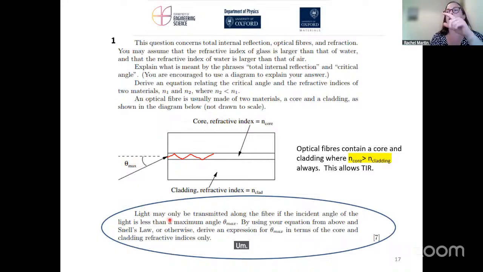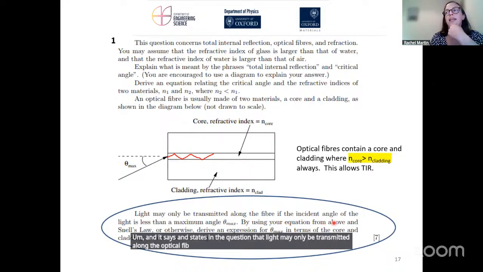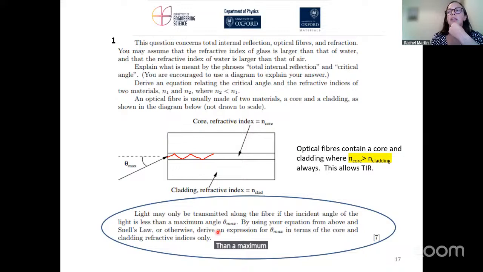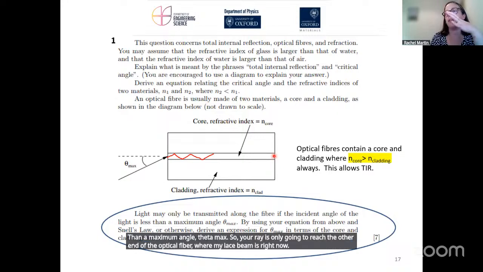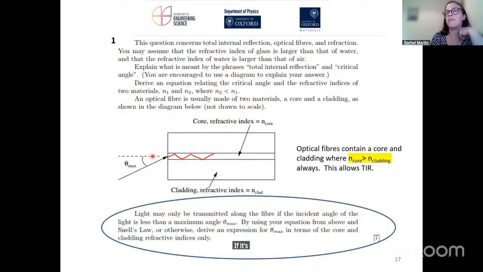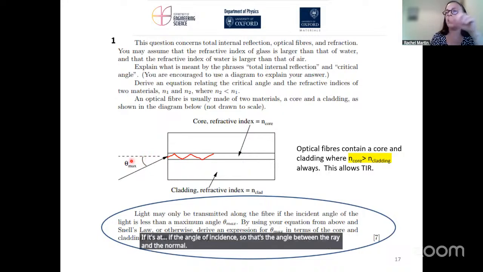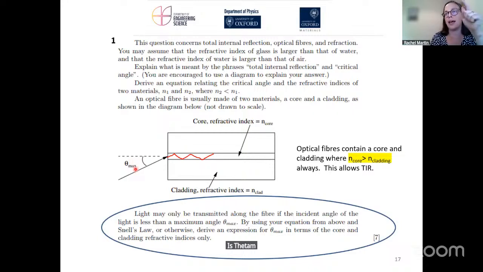And it states in the question that light may only be transmitted along the optical fiber if the incident angle of the light is less than a maximum angle theta max. So your ray is only going to reach the other end of the optical fiber, where my laser beam is right now, if the angle of incidence, that's the angle between the ray and the normal, is theta max or less. So they're kind of giving you that information in the question.